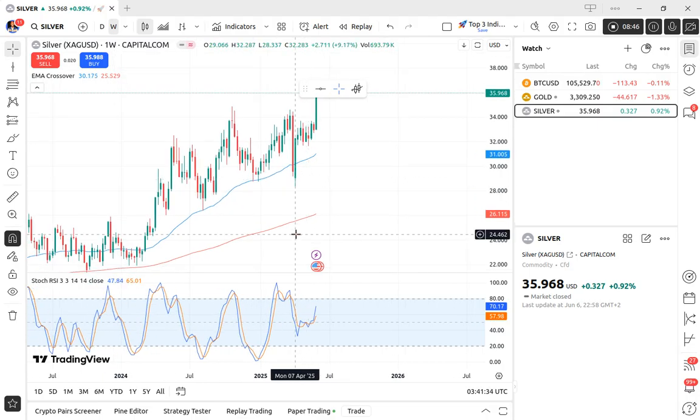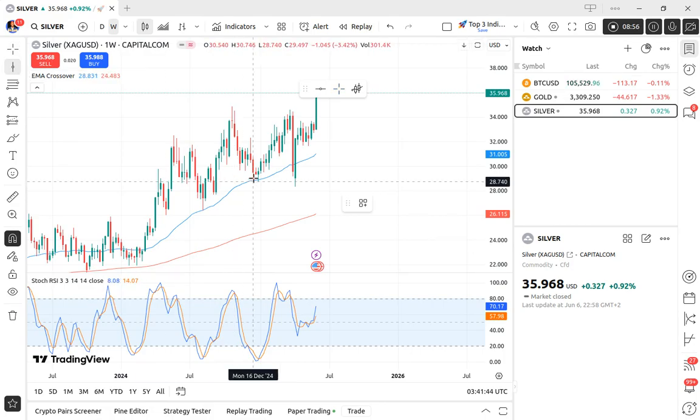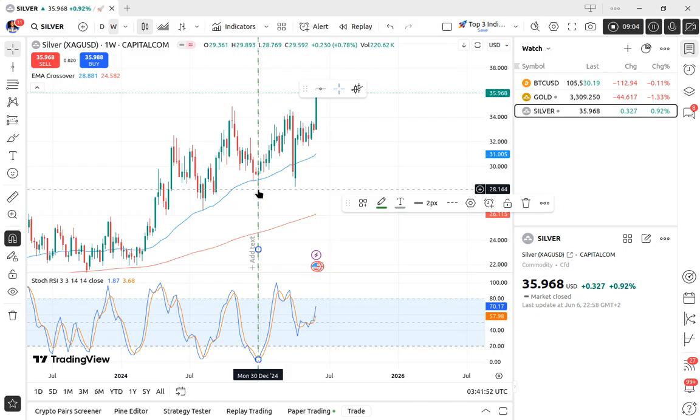So for silver, we have kind of missed the buying opportunity. But ideally for silver, using the system that I shared with you, the buy position would probably have been around this zone here.